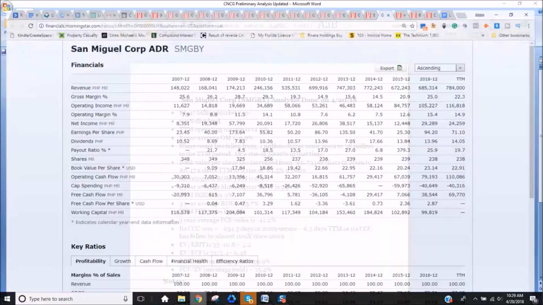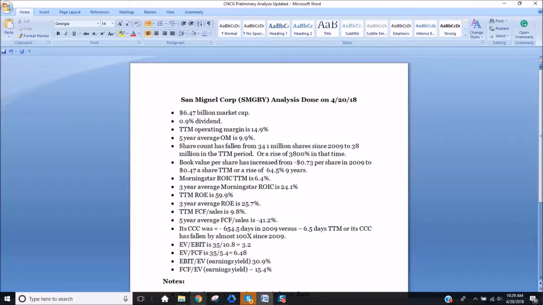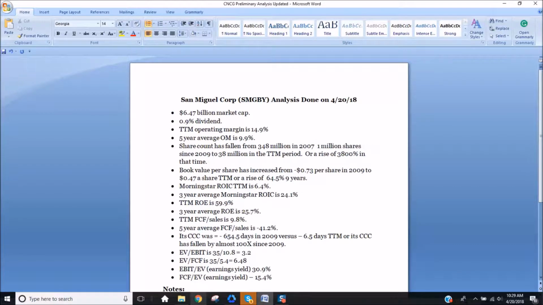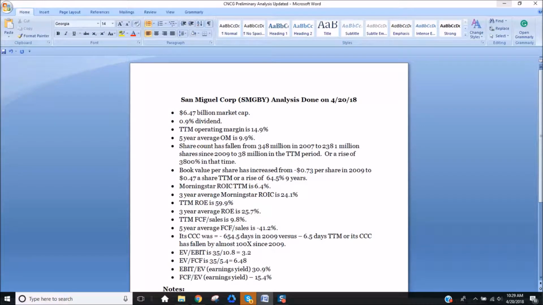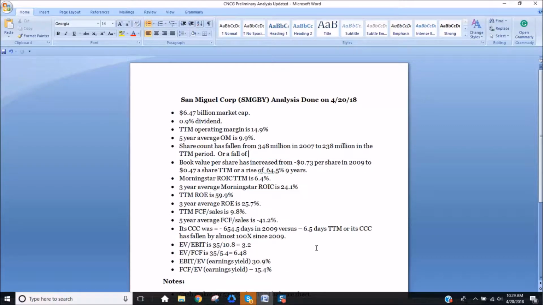From 348 million in 2007 to 238 million, an overall fall of 32% in that time.